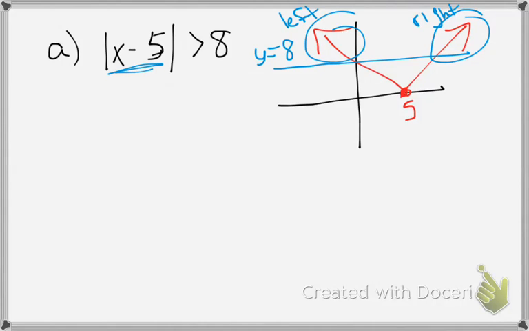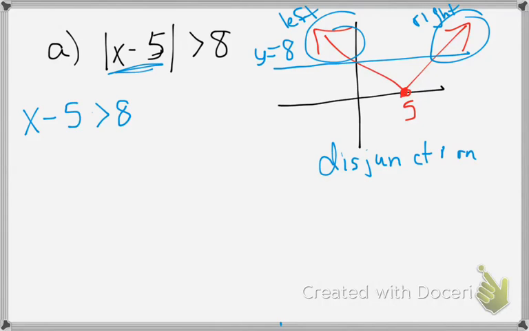Either or works. And so what this is actually going to cause for us is what we called a disjunction last week, because it could be in either category. So when we solve this algebraically, we're going to start off with x minus 5 is greater than 8, or x is greater than 13.